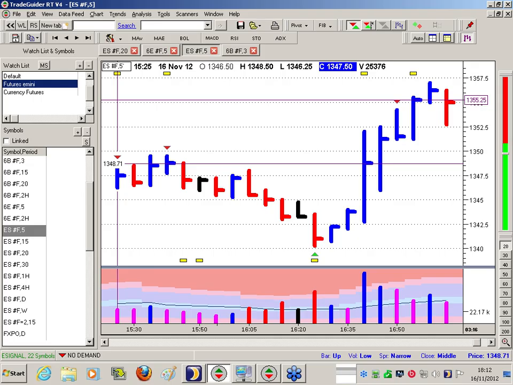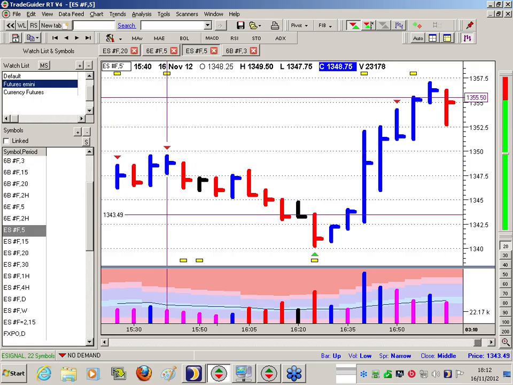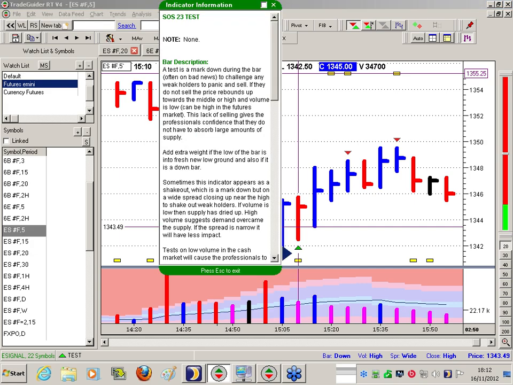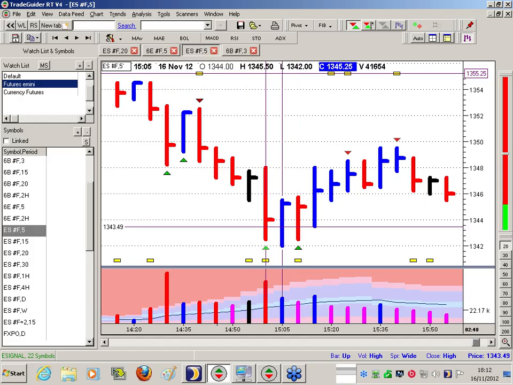Right, so this is a 5-minute chart. Okay, so we have a look at it. Right, there's the stopping volume for 5 minutes. Right, loads of signals all over the place. Test.